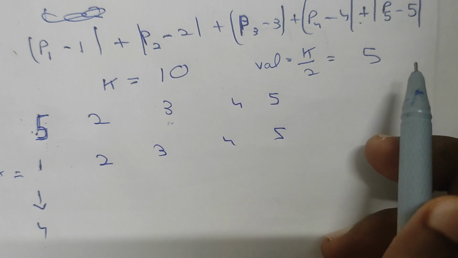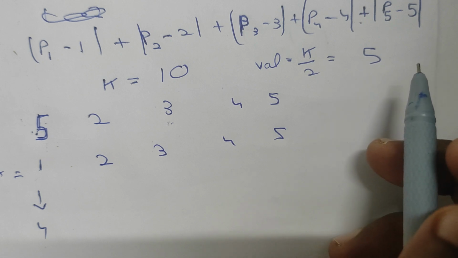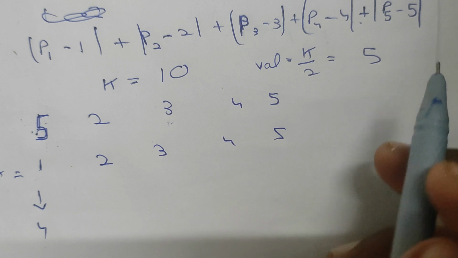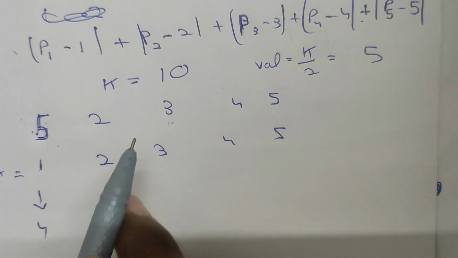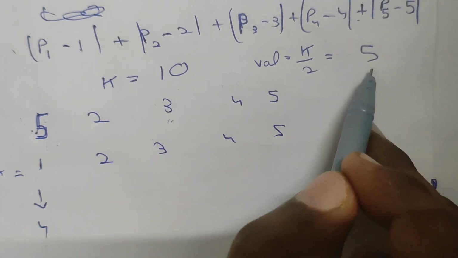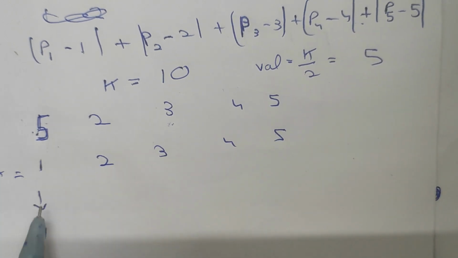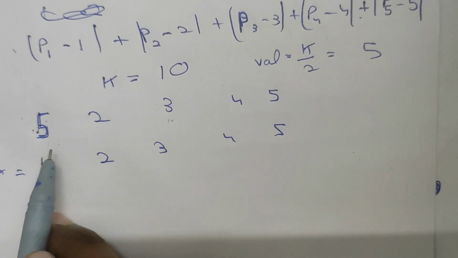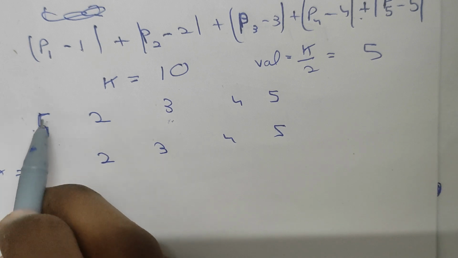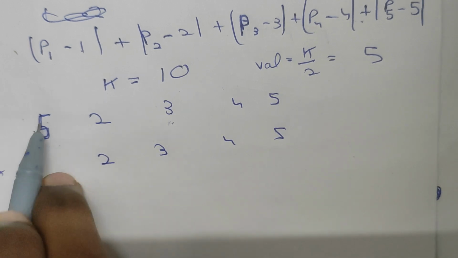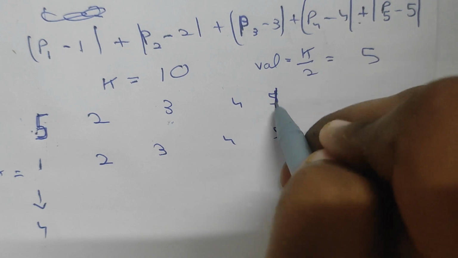If you try to swap any other values to this first index, you will not get any value closer to 5 than 4. So this is the closest value you get by swapping 5 to the index 1, and we had a 1 over here, right? So we will swap that 1 over to the index 5.